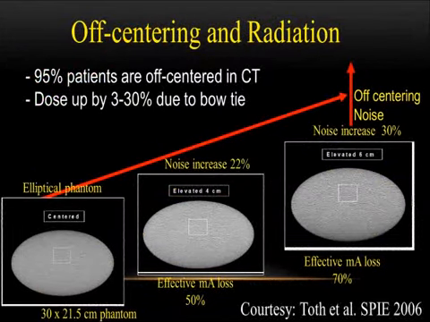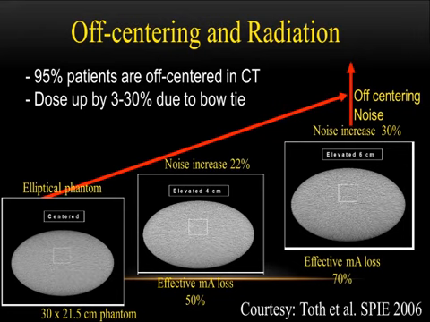Centering of the patient is very important. I think this was alluded to earlier. Maybe there's another talk that will also talk about it. There was a paper by Tom Toth back in 2006 that showed that when you off-center the anatomy, when it is not at the isocenter of the gantry, you can have a 22% increase in the dose if you are 4 centimeters off, and 30% if you are 6 centimeters off.